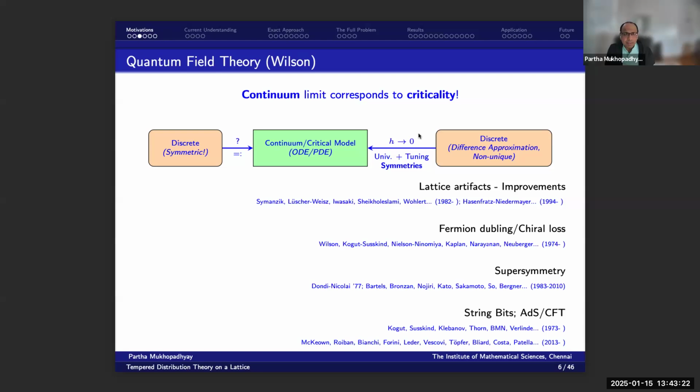In the context of string bits and AdS/CFT latticization of the worldsheet theory, this problem appears, and there also one has the same problem, because the worldsheet theory is supposed to have various symmetries, like local symmetries, and when you discretize it, what you usually do is to first fix the symmetry and then discretize.